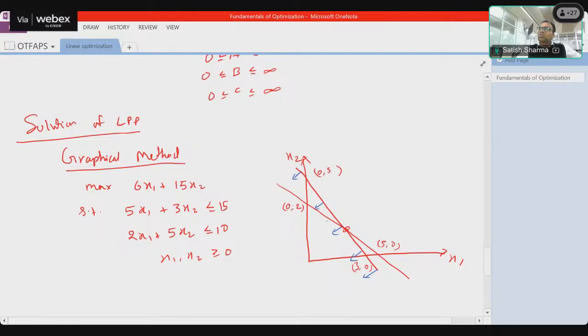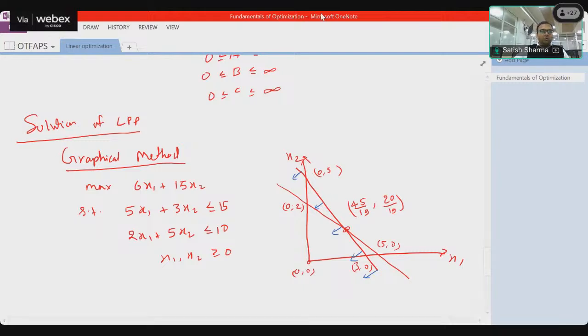By solving these two lines, we can get values like 45 by 19 and 20 by 19. These are the different points, and another point is here, 0 0.